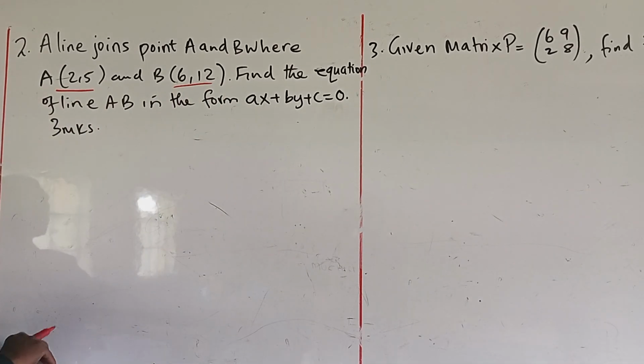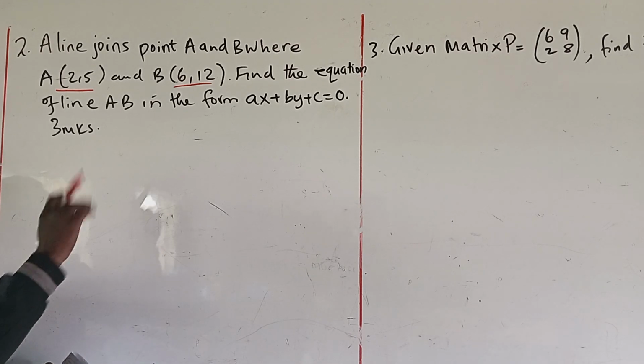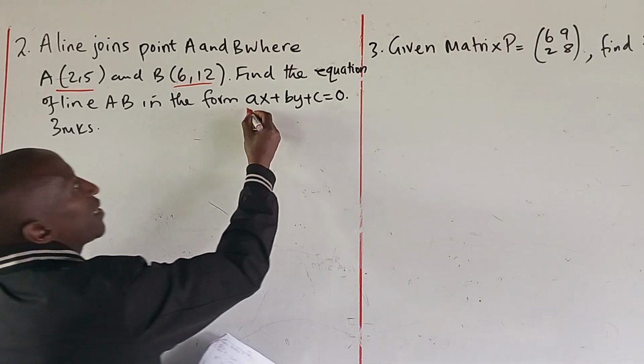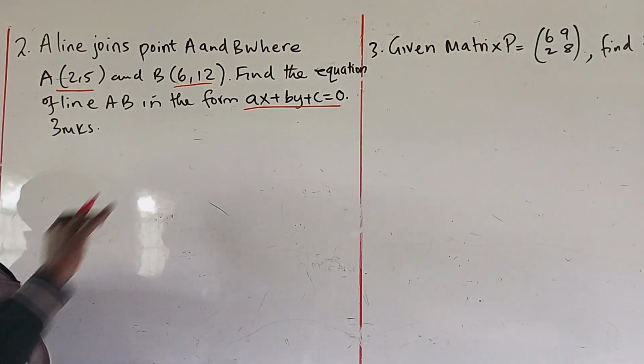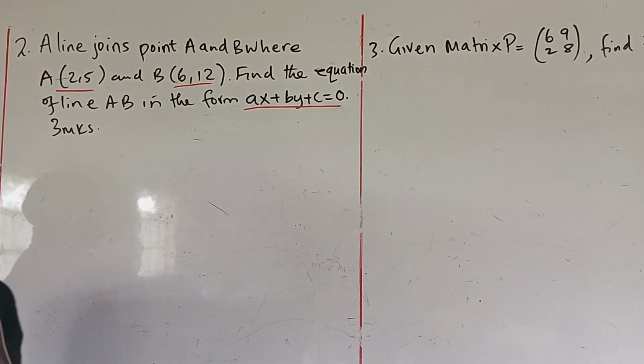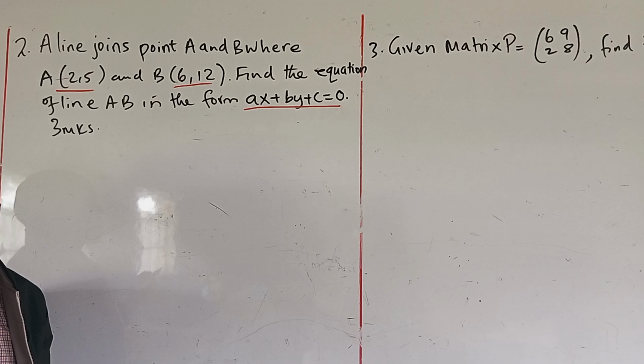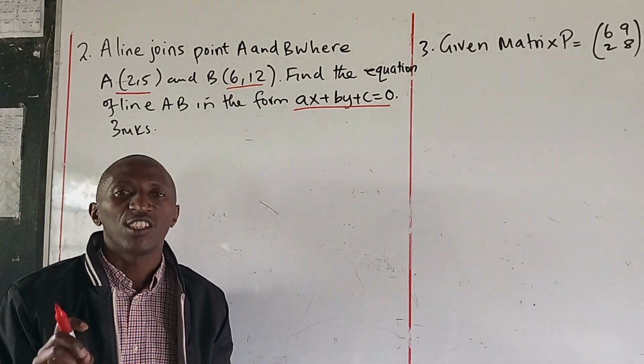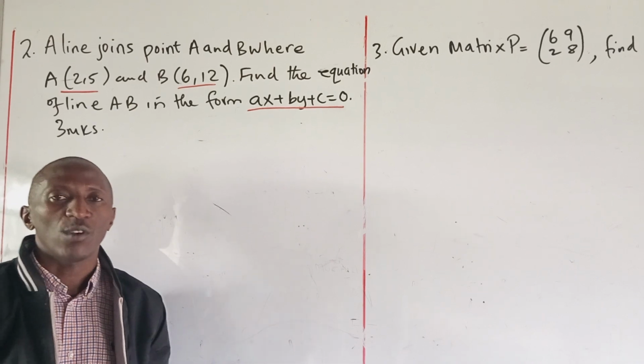Find the equation of line AB in the form ax plus by plus c is equal to 0. So this is the most important part of the instruction. In this set, I would like you to notice that I am emphasizing the ability to follow the instructions.